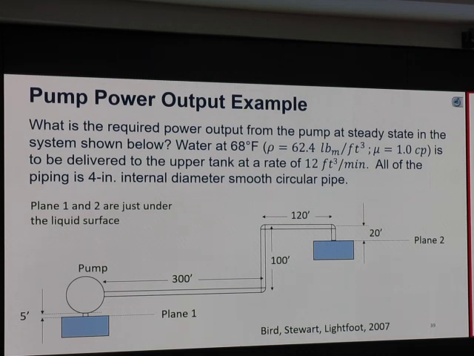This time it's just liquid. The change in pressure doesn't change the liquid volume. We assume incompressible, it doesn't expand. That's our assumption. So we calculate velocity from Q, the flow rate, over the pipe cross-section area. Q over A gives me velocity. Rho V D over mu gives me the Reynolds number.